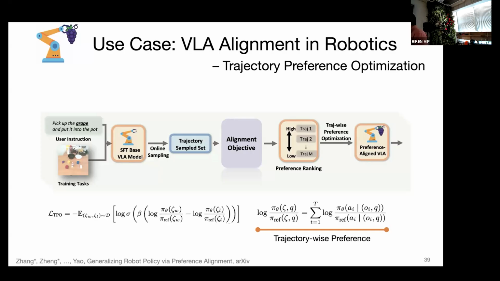Compared with stepwise fine-tuning or stepwise preference optimization, here we hope to leverage the whole trajectories. Basically, we would like to integrate different steps and leverage all of them to fine-tune the models.